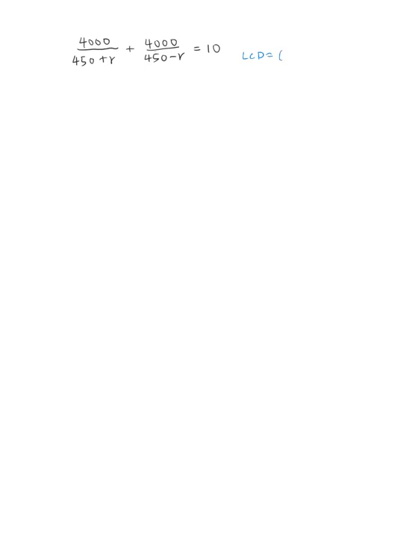The LCD is nothing but 450 plus r and then 450 minus r. So I'm going to multiply this side by that, and then also on this side, I'm running out of room already. So here I'm going to multiply by 450 plus r and then 450 minus r.